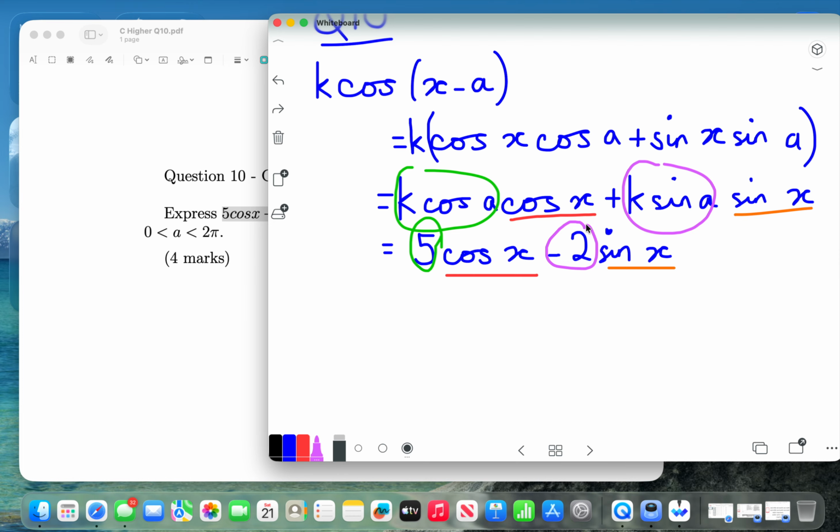So essentially that's 5 cosine x plus minus 2 sine x. So we then have k cosine a is 5 and k sine a is minus 2.